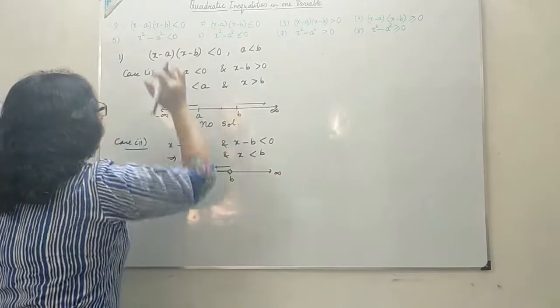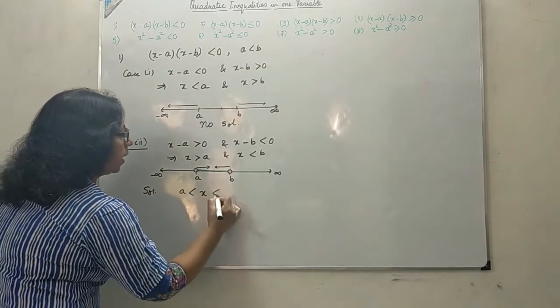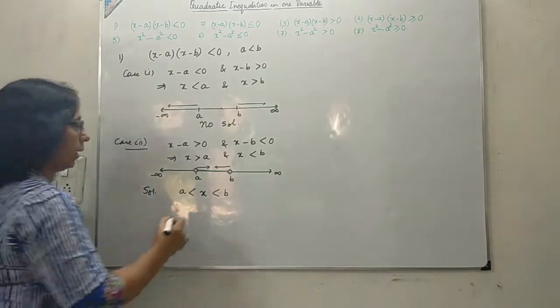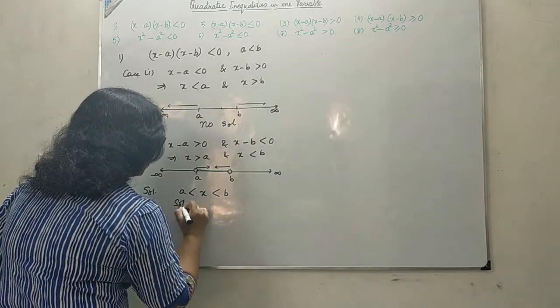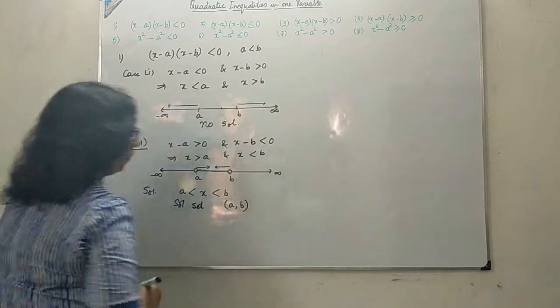So for this first inequality, the solution is x lying between a and b. I can also write the solution set as the open interval a to b.